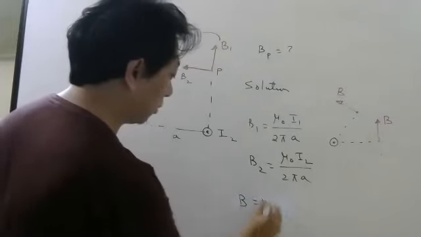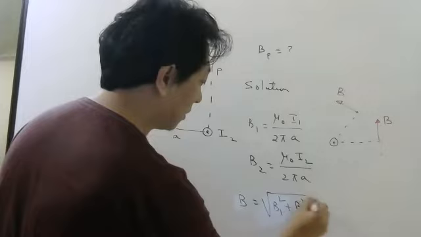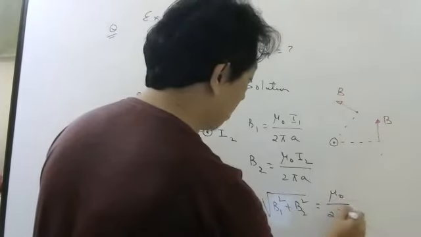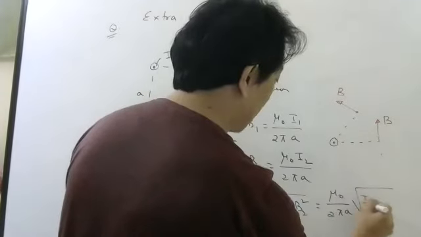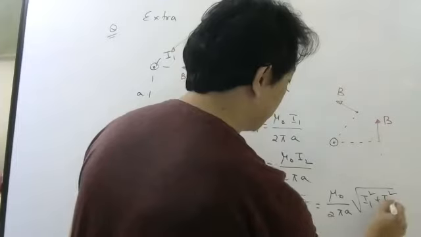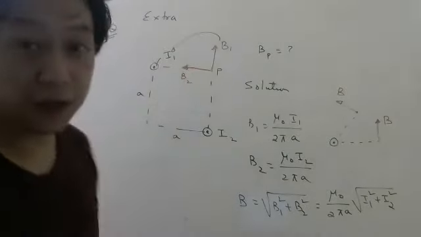Total magnetic field will be root over B1 square plus B2 square. Taking common outside, mu naught by 2 pi A is common, times root over I1 square plus I2 square. So this is how you should find the magnetic field if this kind of arrangement is given.